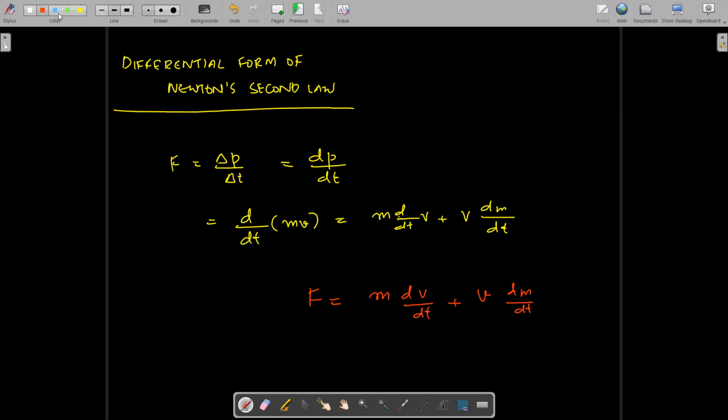F equal to ma എന്ന് എഴുതുന്നതിനേക്കാളും കുറച്ചും കൂടി വൃത്തിയുള്ള ഇക്വേഷനിലേക്കാണ് നമ്മളിപ്പോൾ എത്തിയിരിക്കുന്നത്. ഓക്കെ, റോക്കറ്റിന്റെ കേസിലോ അല്ലെങ്കിൽ മാസ് ചേഞ്ച് ചെയ്യുന്ന വേറെ ഏതെങ്കിലും ഒക്കെ കേസിൽ നമുക്ക് ഈ ഇക്വേഷൻ ഉപയോഗിക്കാം, റൈറ്റ്? അതായത് ഇവിടെ നമുക്ക് അറിയാം മാസ് കോൺസ്റ്റന്റ് ആവുന്ന സമയത്ത് our equation will become F equal to ma, right? This term cancels, right? V ആണ് കോൺസ്റ്റന്റ് ആവുന്ന സമയത്താണെങ്കിൽ this term cancels, right? So that's what happens here, and this is called the differential form of Newton's second law.